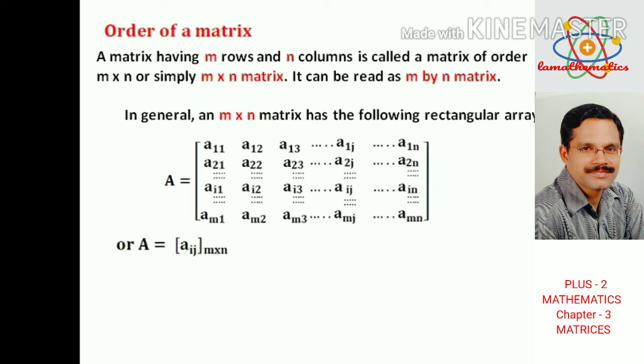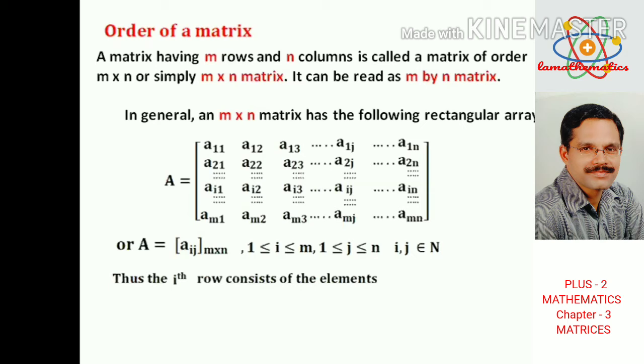For capital A equal to matrix Aij, m by n, where 1 is less than or equal to i less than or equal to m, 1 less than or equal to j less than or equal to n, i, j belongs to capital N. Thus the ith row consists of the elements Ai1, Ai2, Ai3, etc., Ain.